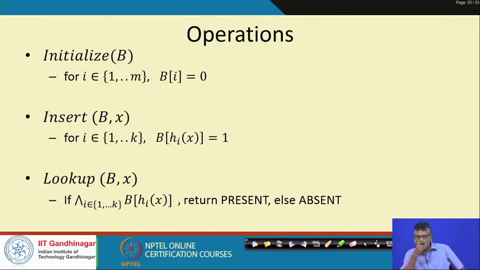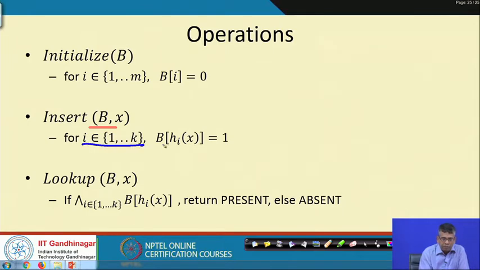Here is basically the entire set of operations you can do with the Bloom filter. We will start by initializing b very simply by setting b of i equal to 0 for all the positions. When an element x comes, when we are trying to insert x into the Bloom filter b, we calculate hi of x for i equal to 1 to k, and then we go to all these positions and set all of them to be 1.